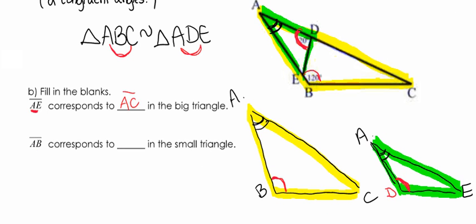Side AB in my larger triangle should match up to side AD in the smaller triangle, and notice that side AB in my yellow triangle is the left side. It's also the left side of my green triangle, so there's some reassurance for me that I've actually drawn those correctly.